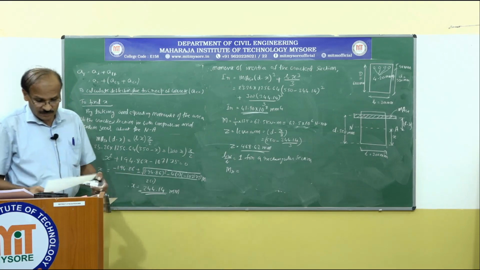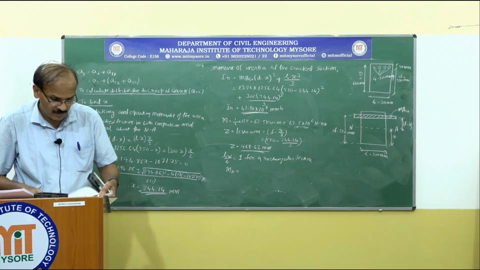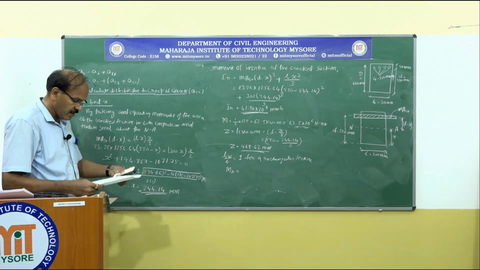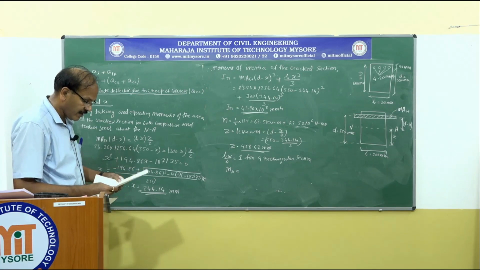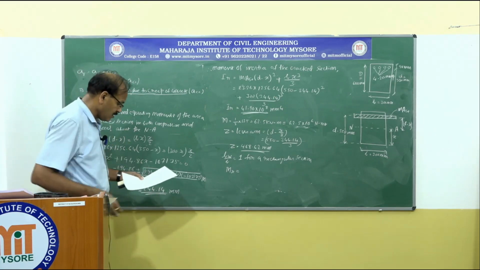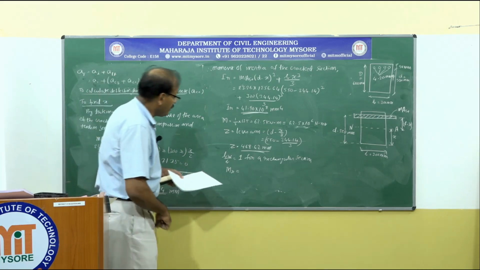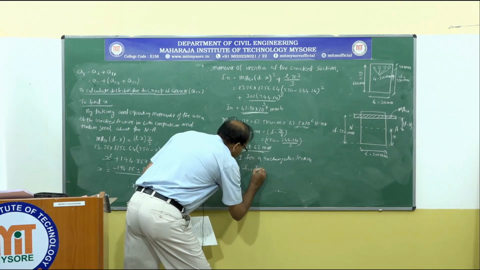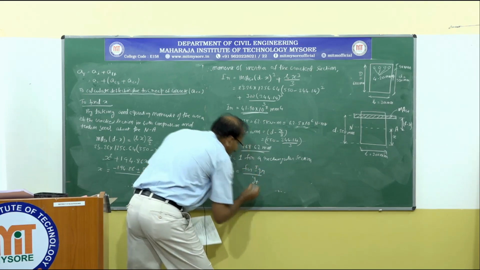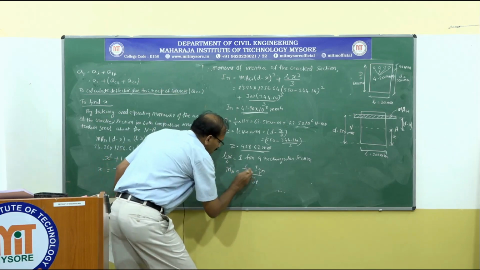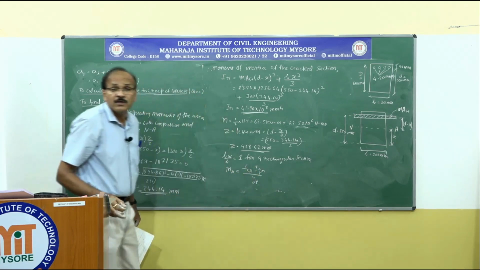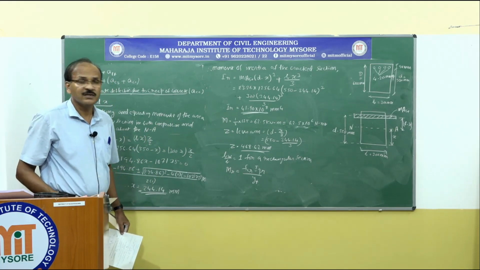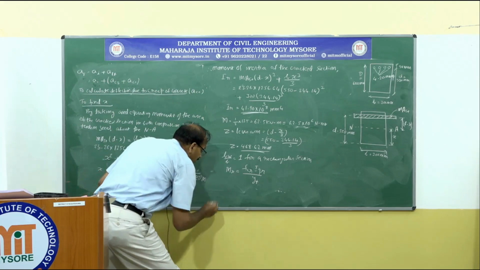So Mr equal to fcr Igr divided by yt. So what is fcr? That is the modulus of rupture of concrete.